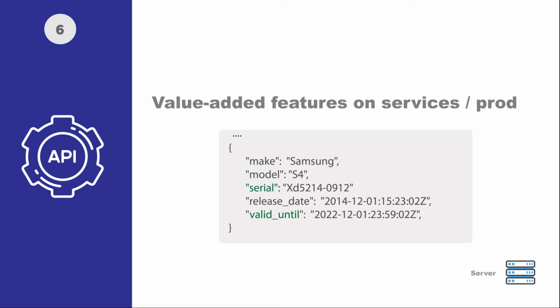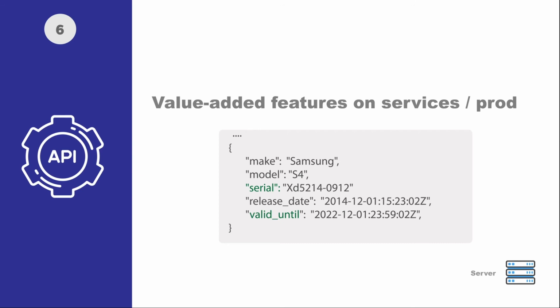So we assume here the serial field and the valid until field is value added data that brings value on the side of the developer, on the side of any user that consumes these endpoints. So every time there is a value added on endpoints, we should version our REST API.